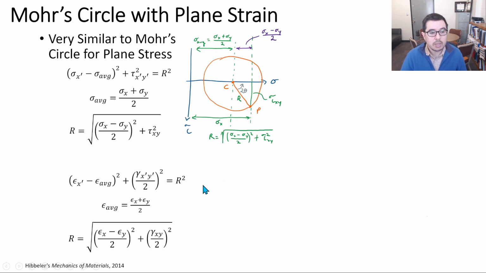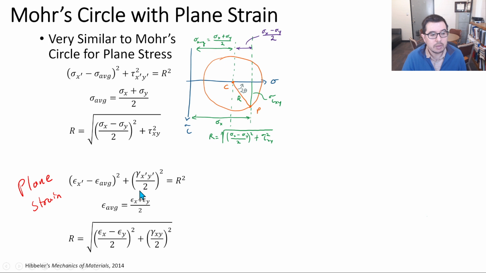Now, the equations for Mohr's circle for plane strain are very similar. Okay, so these are the ones for plane strain. But remember in our last session we discussed how we had a substitution of the gamma x prime y prime and the gamma xy for tau x prime y prime and tau xy.